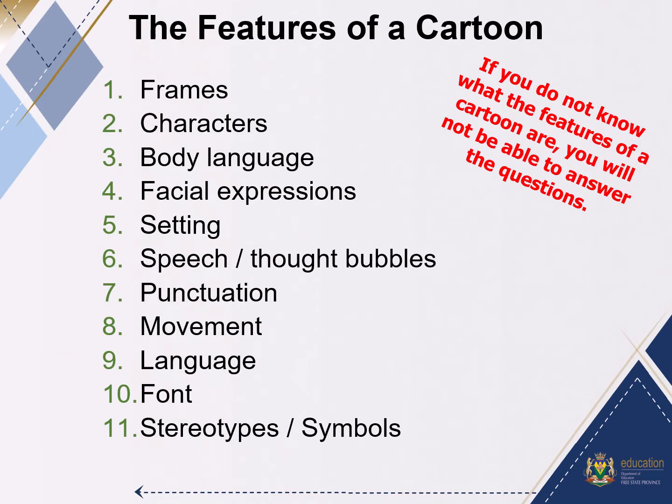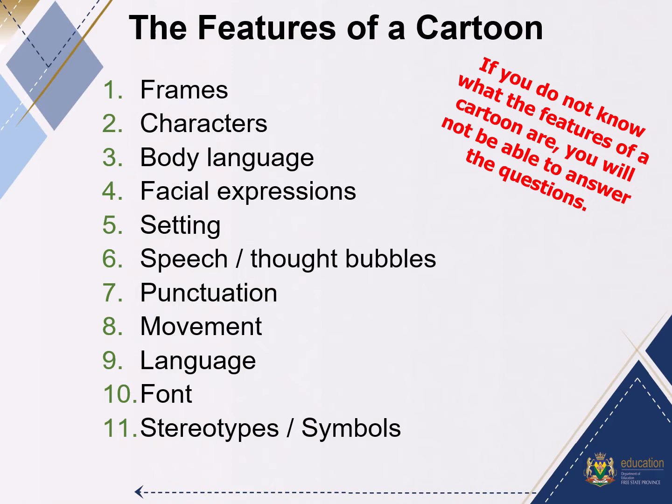So let's have a look at some of the things we need to know. If you do not know what the features of a cartoon are, you will not be able to answer the questions because you won't be able to identify what we're speaking about. So we know that cartoons have frames, especially if it's a comic strip, and they're numbered, frame 1, 2, 3, or just frame 1 and 2. There are characters. We have body language, facial expressions, setting, speech or thought bubbles.